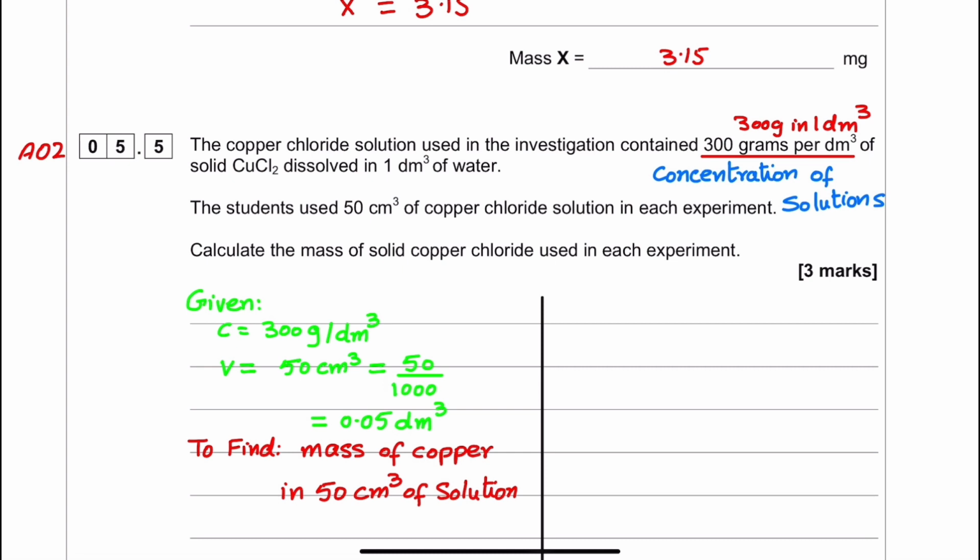The given is concentration 300 gram per dm cube, where the volume is given 50 cm cube. We need to convert cm cube into dm cube. The relation is 1 dm cube is equal to 1000 cm cube.